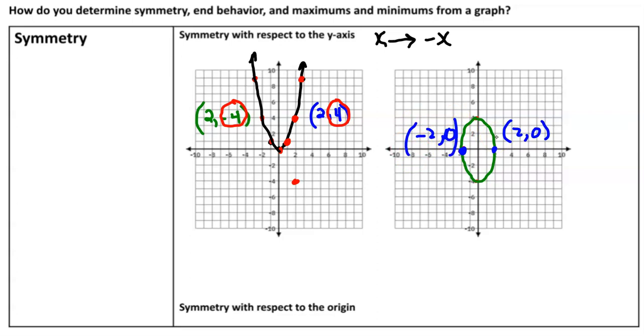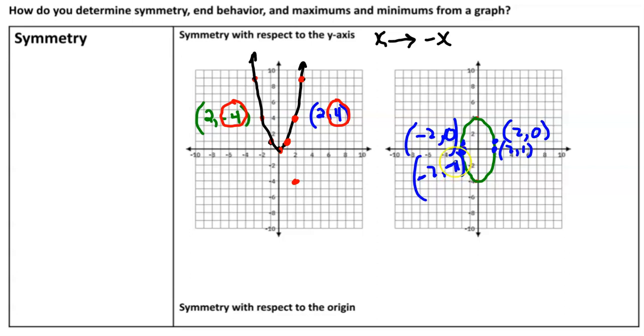But let's pick this point right here, which is not exactly 1, but we'll say it is, just for this, this is 2, 1. Then we know over here should be, which it is, 2, negative 1. And notice, negative 2, 1.